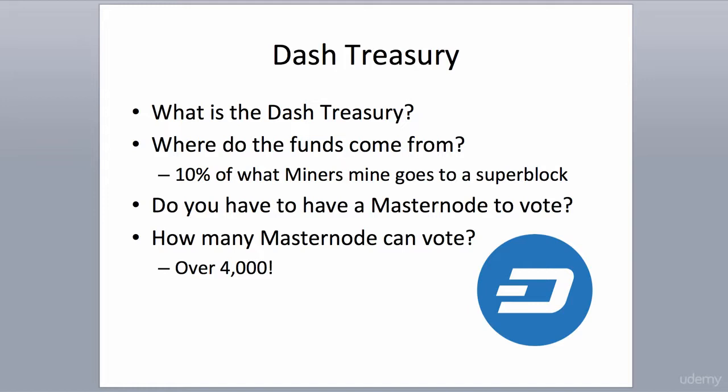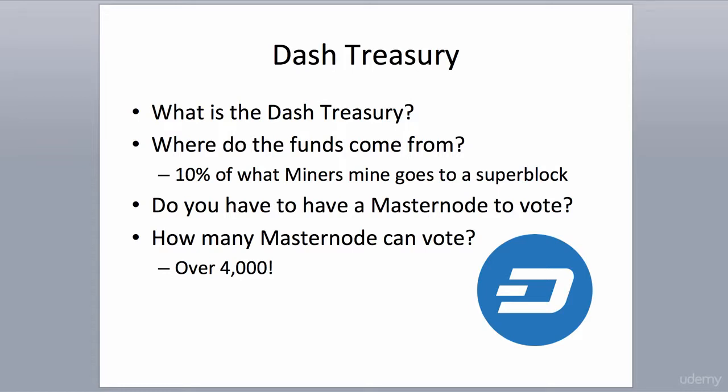For the Dash Treasury, do you have to be a masternode to vote? Unfortunately, at this time, yes. It's just a way to show that you actually have incentive in the network and you want advancement, because you actually put up a lot of money to support the network.